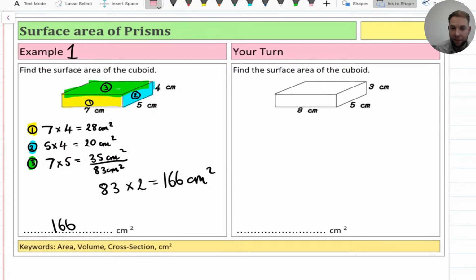That was example 1. Have a go at that one on the right-hand side, and then write down the answer in the chat.